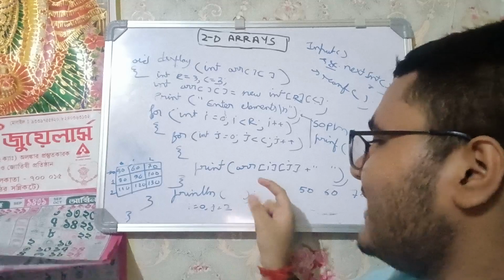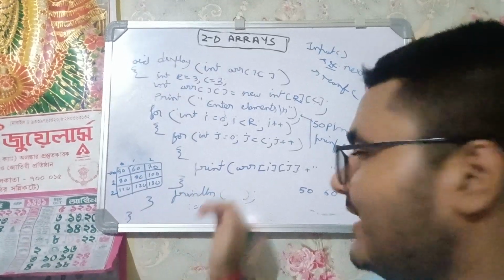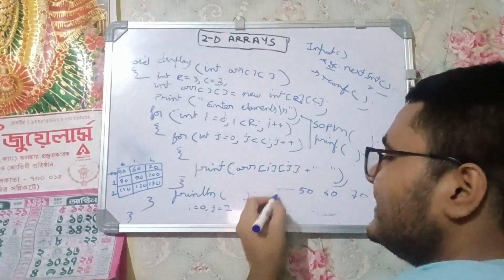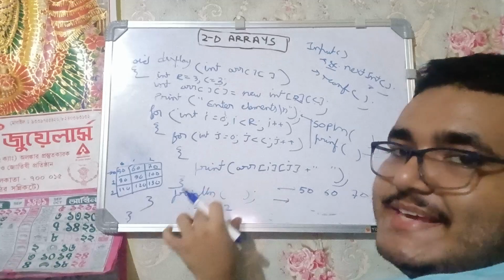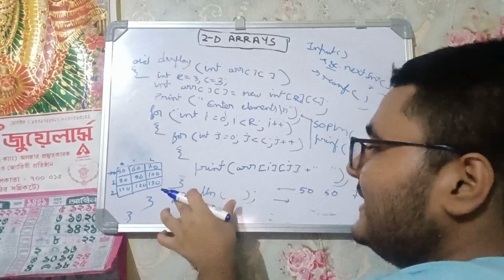Just understand that you need to print a new line. Because a new row should start from a new line. This row has ended, and here it should start from a new line. So to bring your cursor to the next line, this println works.